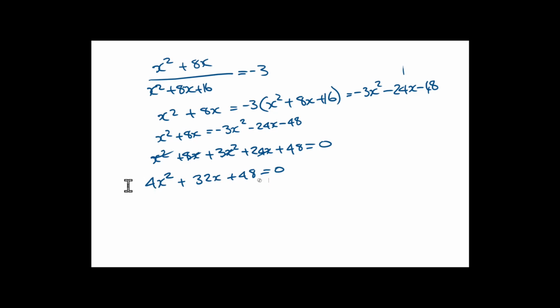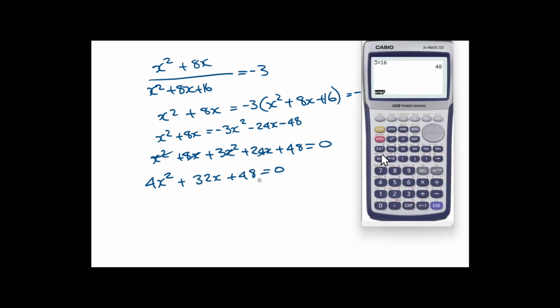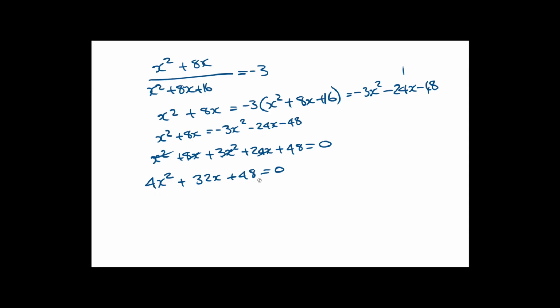These, I think, probably all divide by 4. They divide by 2 anyway, but I'm not going to worry too much. I'm just going to put it straight in the calculator. We've done all the calculus now. So polynomial solver, degree 2. 4, 32, 48, and we get -2 and -6. So those are our x coordinates, -2 and -6.